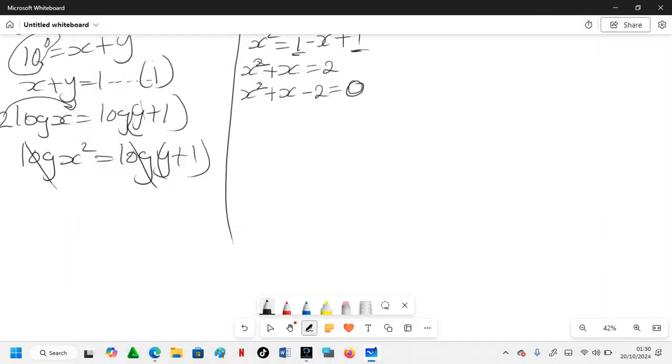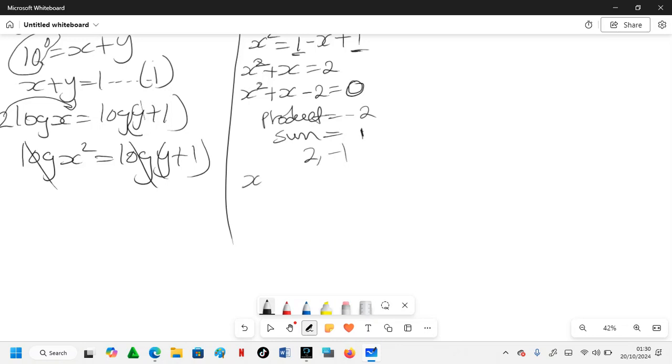So we solve this equation. Maybe let's use the product method. The product here is going to be negative 2. The sum here is going to be 1. All right, so the two numbers are going to be 2 and negative 1. 2 times negative 1 is negative 2, and then 2 plus negative 1 is 1.